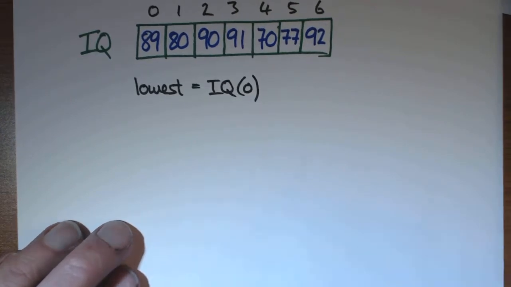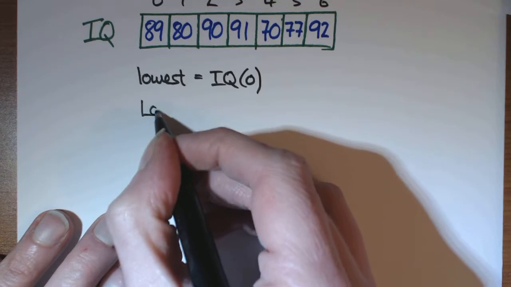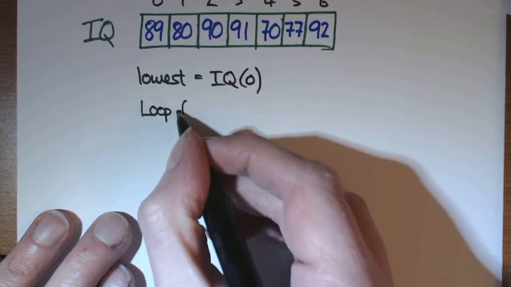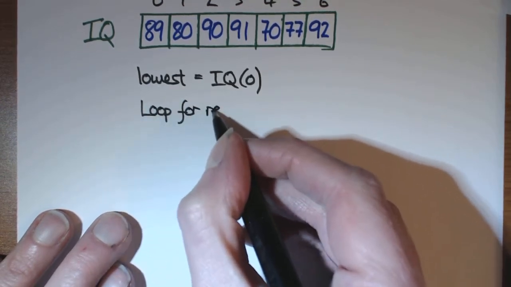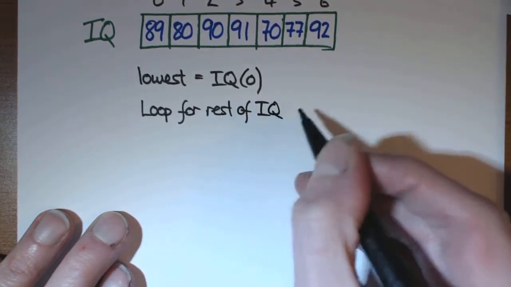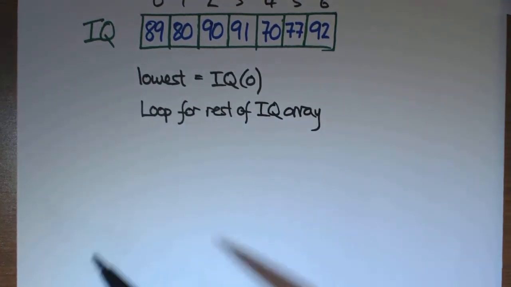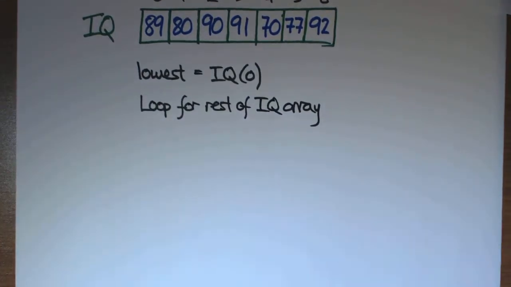Okay, so what we can say is then loop for rest of IQ array. And all you're saying there is for the rest of the array, you're going to do a certain task, okay?